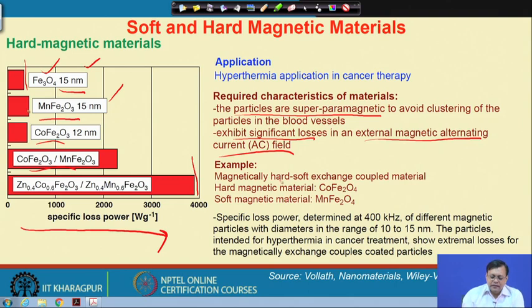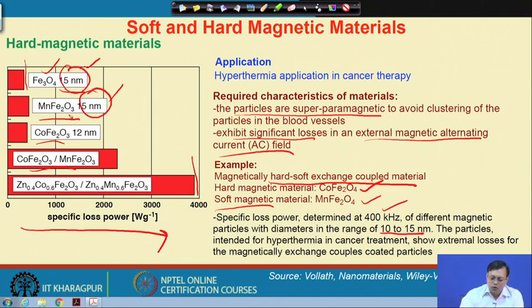So, magnetically hard and soft exchange coupling, where the hard magnet is like cobalt ferrite and manganese ferrite acts as the soft one. We can couple these together to make a specific loss power, determined at 400 kilohertz at different particle diameters within the range of 10 to 15 nanometer that I have mentioned.